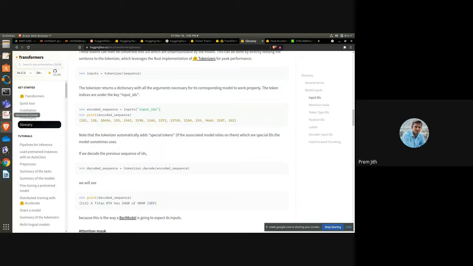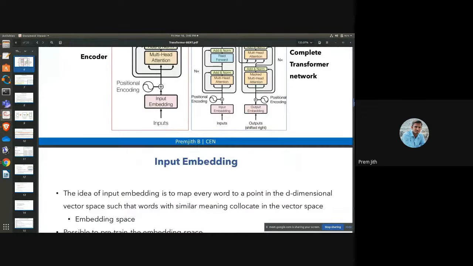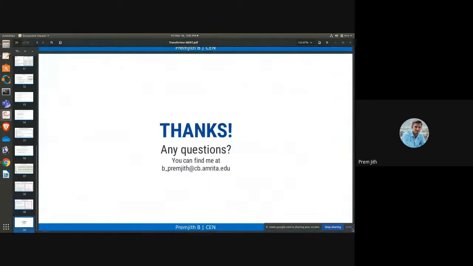You can reach me at this website if you want to clarify your doubts related to transformers, BERT or NLP, and I can help you. I may not give solutions to all your problems, but I'll try my level best to support you in your research. If you want to collaborate, that's also possible. You can drop a mail to this mail ID.